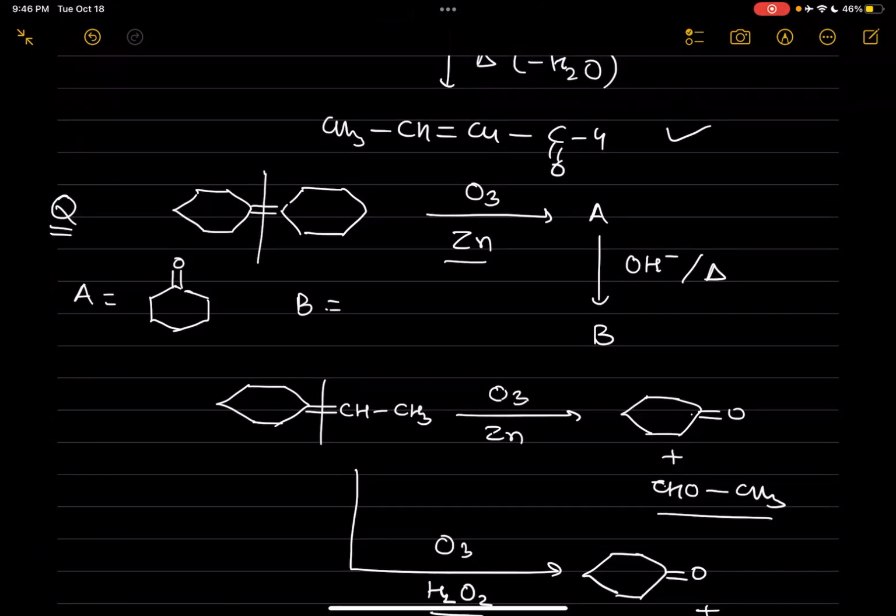Now this is a ketone, you need to do the aldol condensation. And heat is there. Right? Yes, sir.